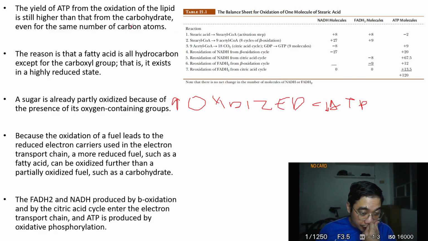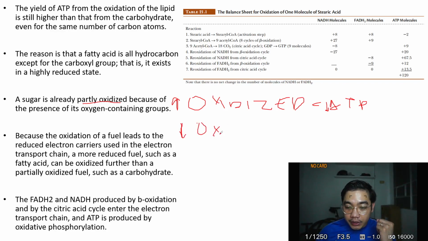So that's the reason why your carbohydrates are partly oxidized, and your fatty acids are very reduced, or not oxidized.